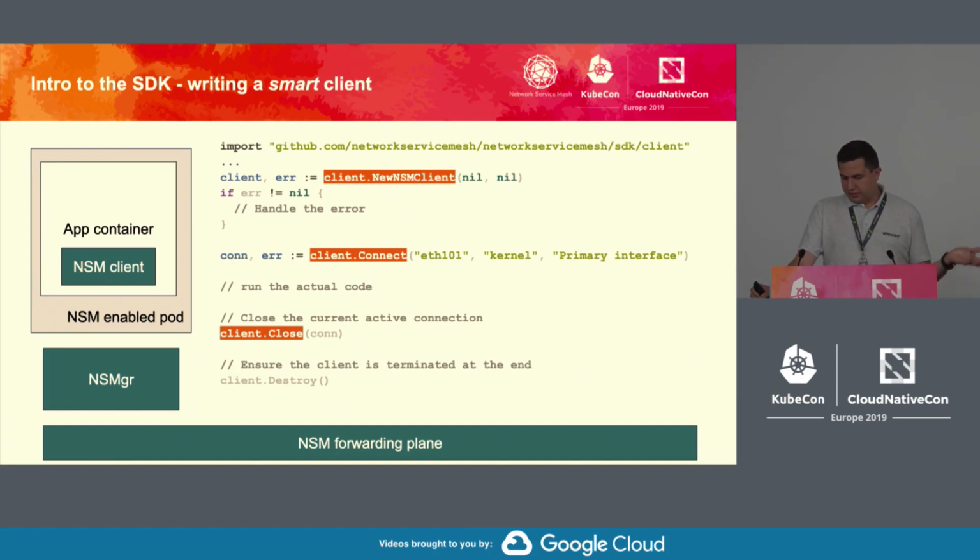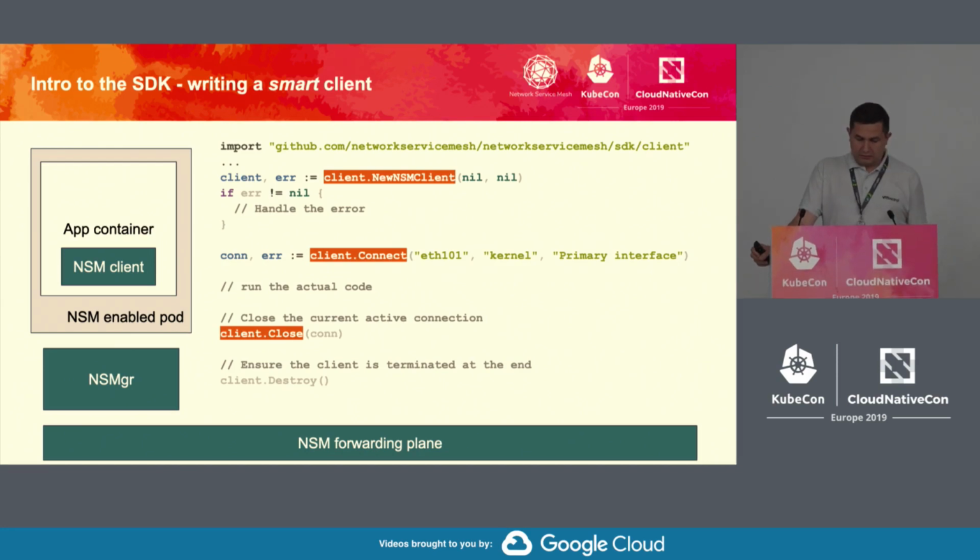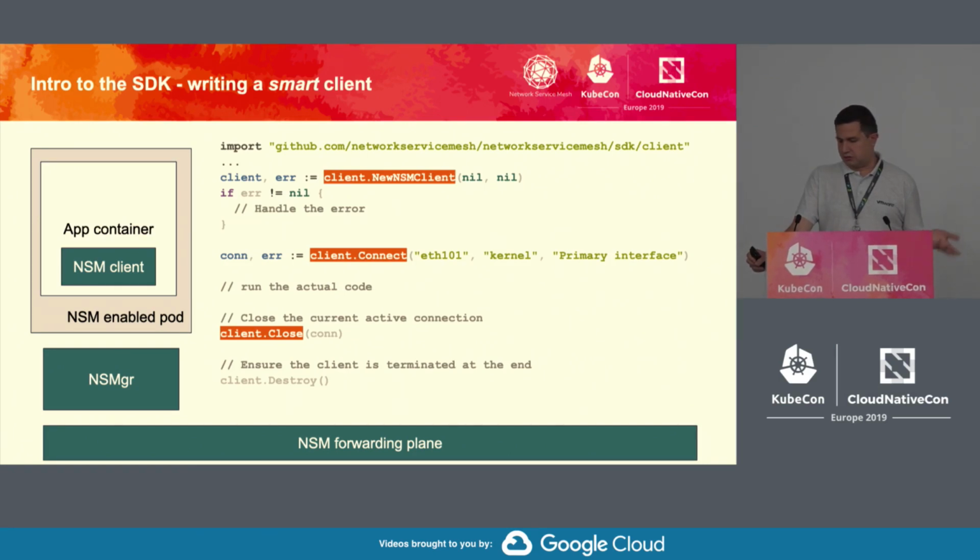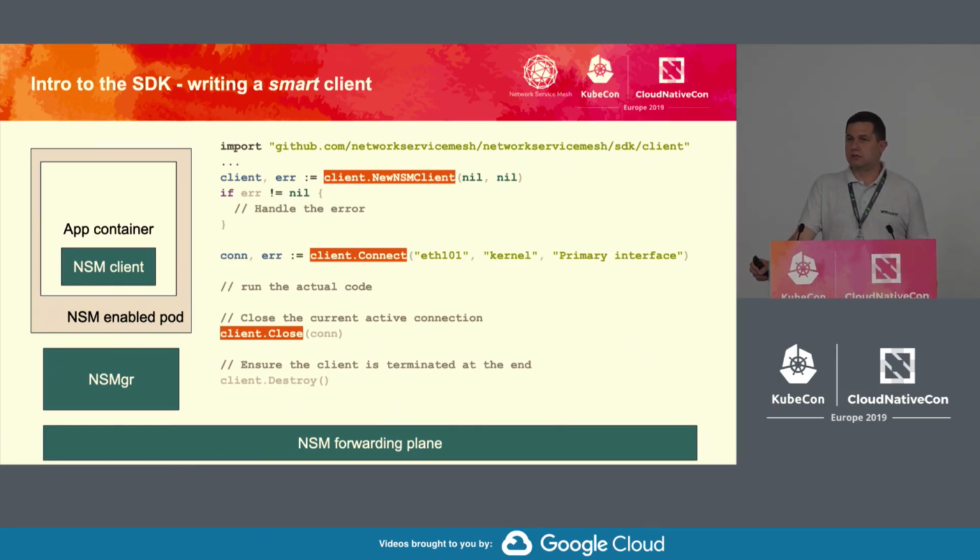And this is how it looks. Essentially there are three or four calls. The first thing is you create a new NSM client, then you call the connect method with a couple of arguments: the interface name that is going to be injected in your pod where the application is running, and the type of the mechanism.